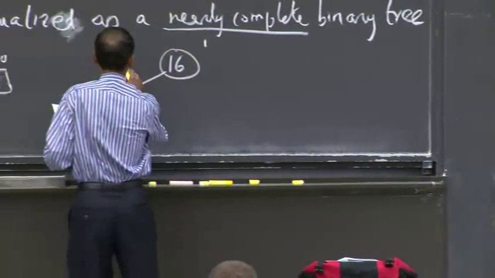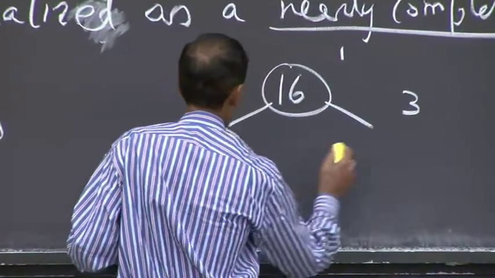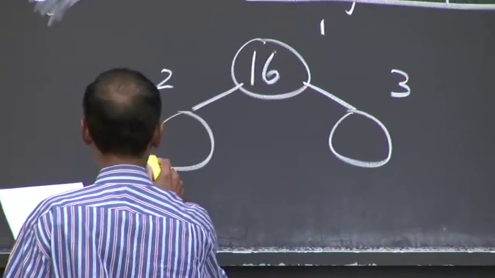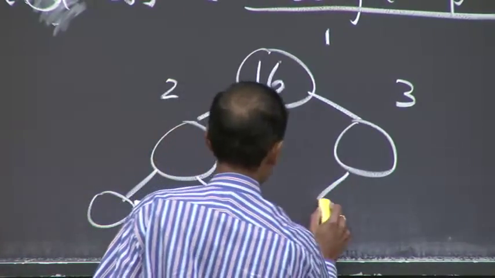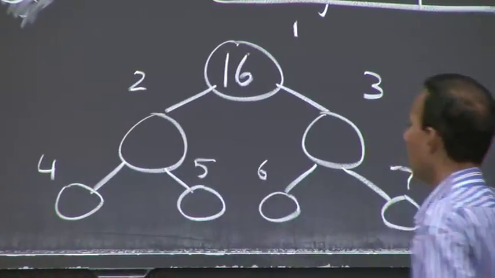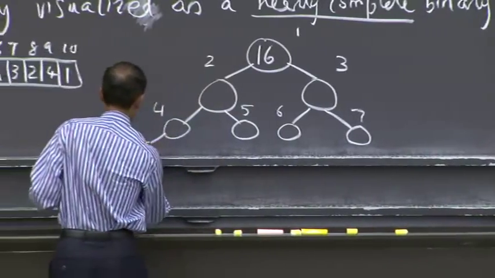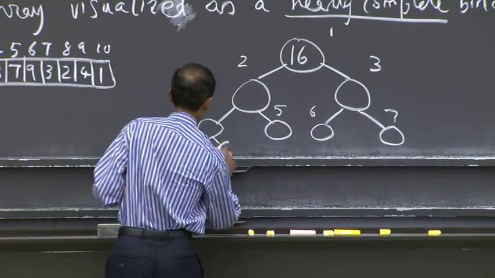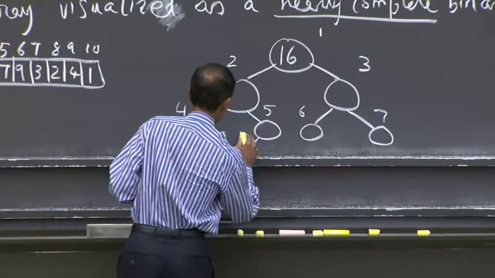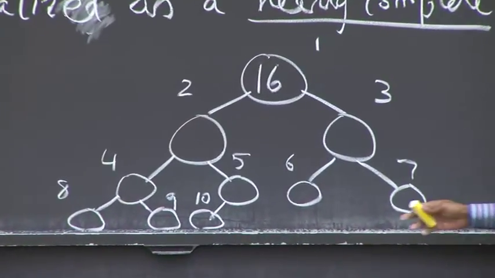And indices 2 and 3 are the children, and 4, 5, 6, and 7 are the children of 2 and 3, and 8, 9, and 10 are the children of 4 and 5 in this case.